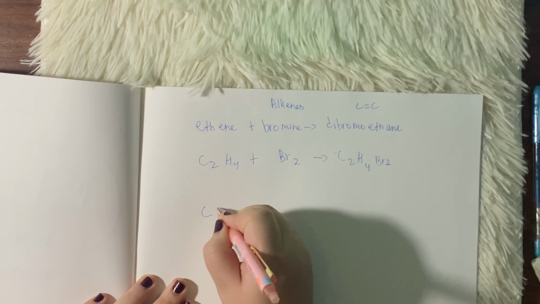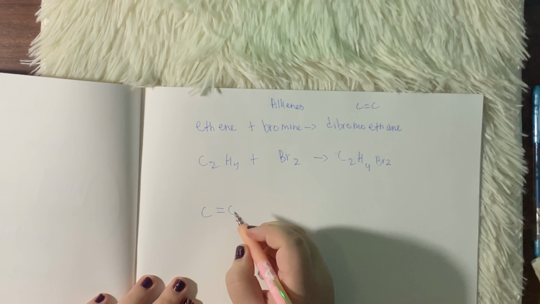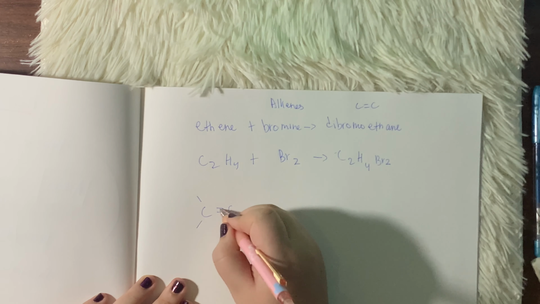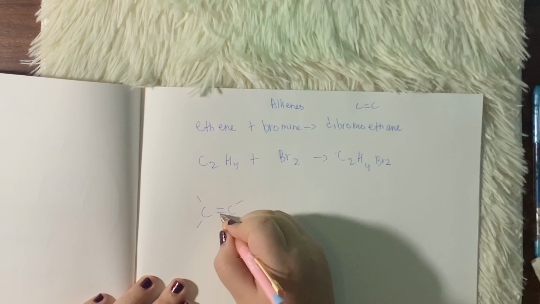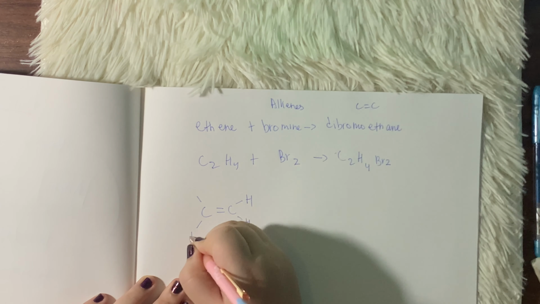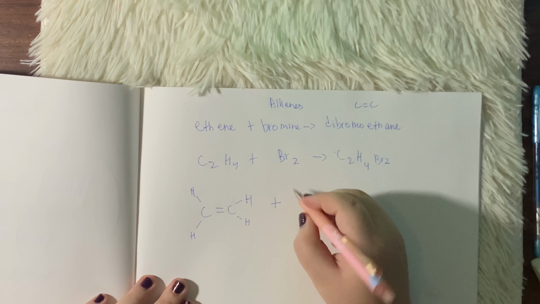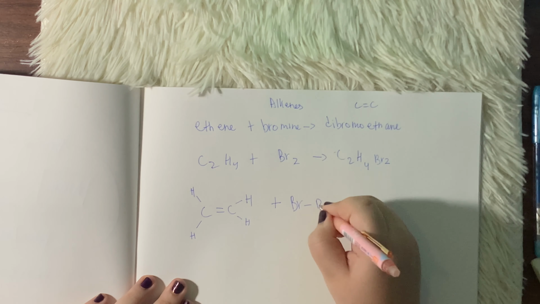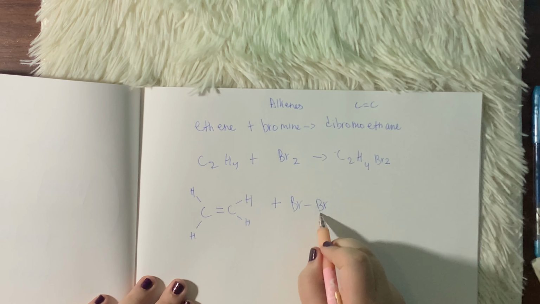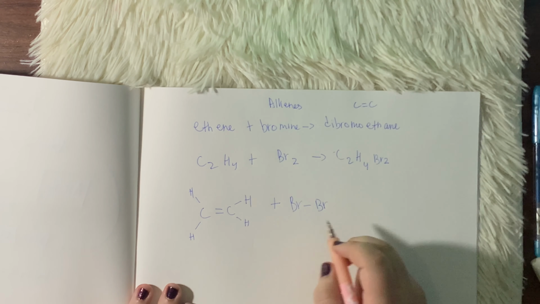So ethene has a double bond between the 2 carbons, with 4 bonds to hydrogens. Then we add bromine, which is diatomic, 2 atoms in this molecule.